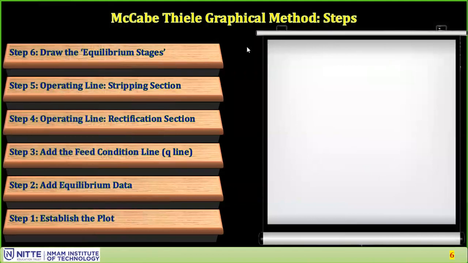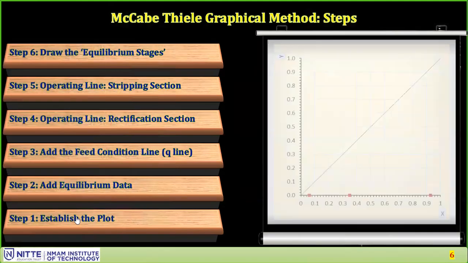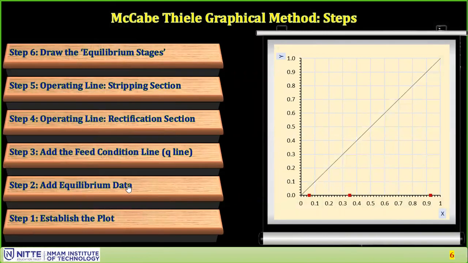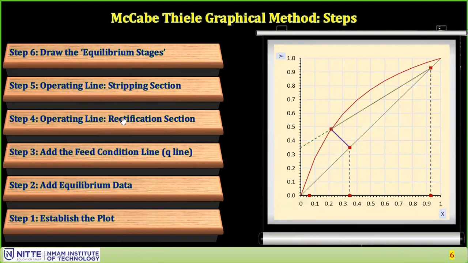All right, there are 6 different steps. So let us have a look at them one by one. Step 1, we establish the plot first. After that, we add the equilibrium data over and above that. In the third step, we add the Q line, the feed condition, to the curve. Then we calculate the operating line for the top section, that is the enrichment, rectification section.